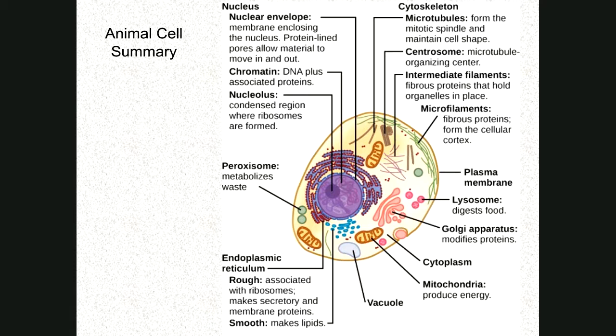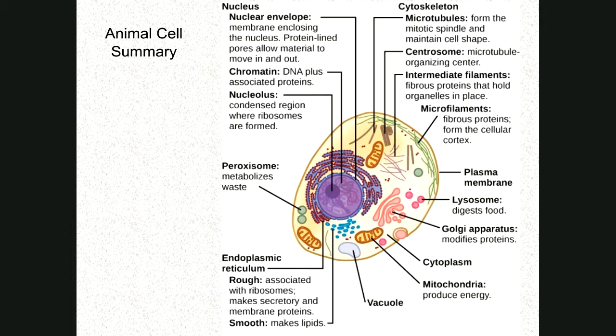We have small vacuoles from time to time, but we don't have a central vacuole. We have peroxisomes that metabolize the waste. We have the smooth endoplasmic reticulum that makes lipids. Liver is very rich in smooth endoplasmic reticulum.